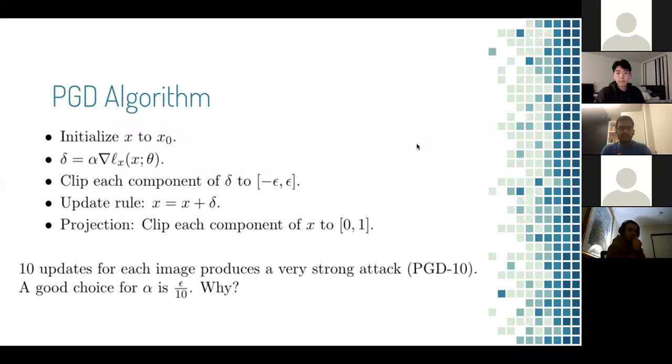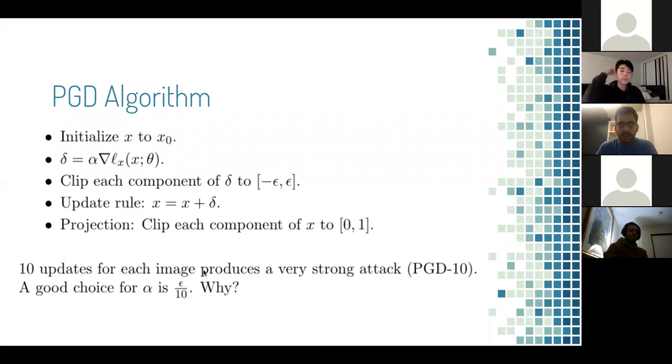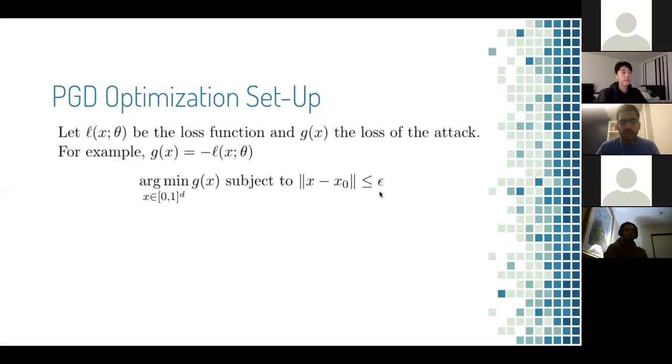Okay, so it is a little tricky to understand why you would do something like this. But the idea is that in the end, you want your corrupted image to be at most epsilon away. So if you're going to take 10 steps to reach your corrupted image, roughly speaking, you'd want to step a distance of epsilon over 10 at every step.